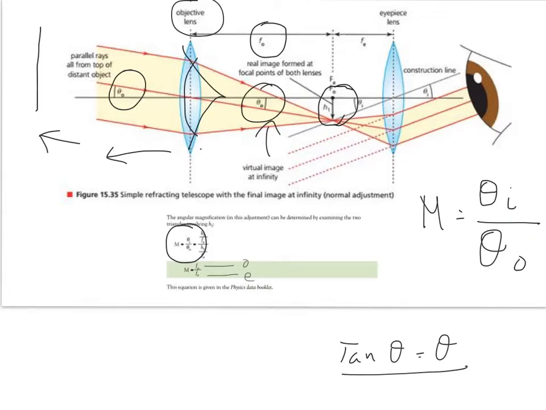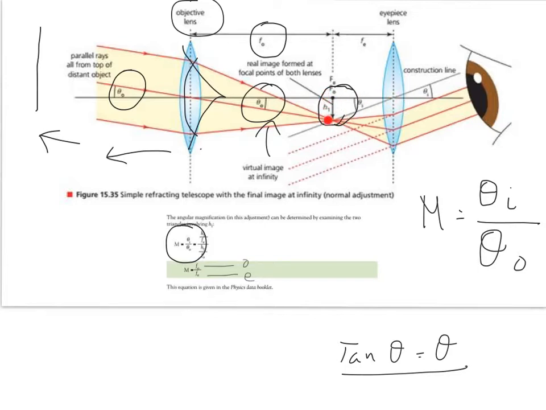Now let's have a look at the angle subtended by the actual image that you see, which is all the way down here. So we get this enormous image all the way over here. And what is the angle subtended? Well, here is the eye. The eye is looking down at the object in that direction, and the angle can be seen as represented by this triangle here.